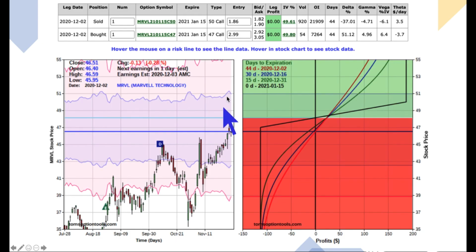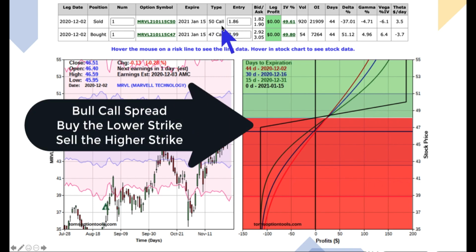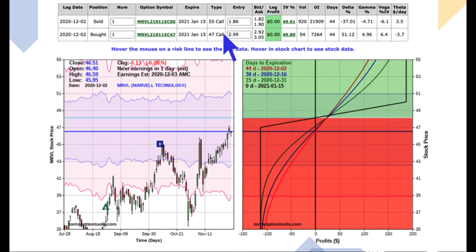The bull call spread shows that if we put this on, we're buying the 47 for $2.99 and selling the 50 for $1.86. We're taking almost 2/3 of this spread off when you do this. What's this going to cost? $1.15. The red area is risk. If we're at or below this line by expiration, then we have risk.